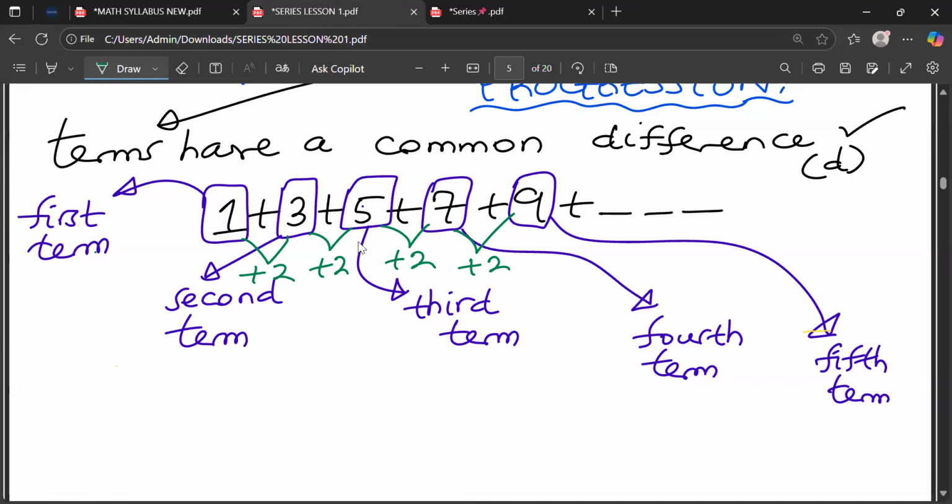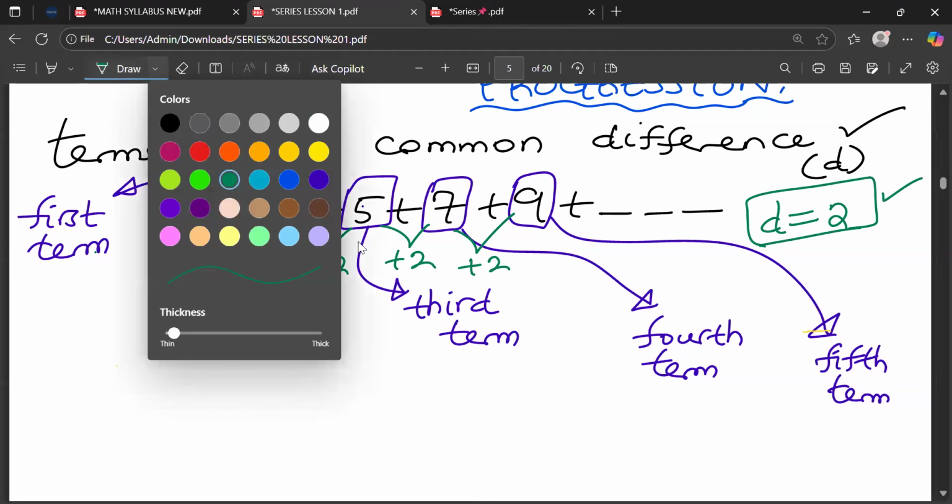And we all agreed that our common difference this time round is 2. Because 3 minus 1 is 2, 5 minus 3 is 2, 7 minus 5 is 2, 9 minus 7 is 2. So throughout it is common like that. So it is our common difference too. That one we agree.